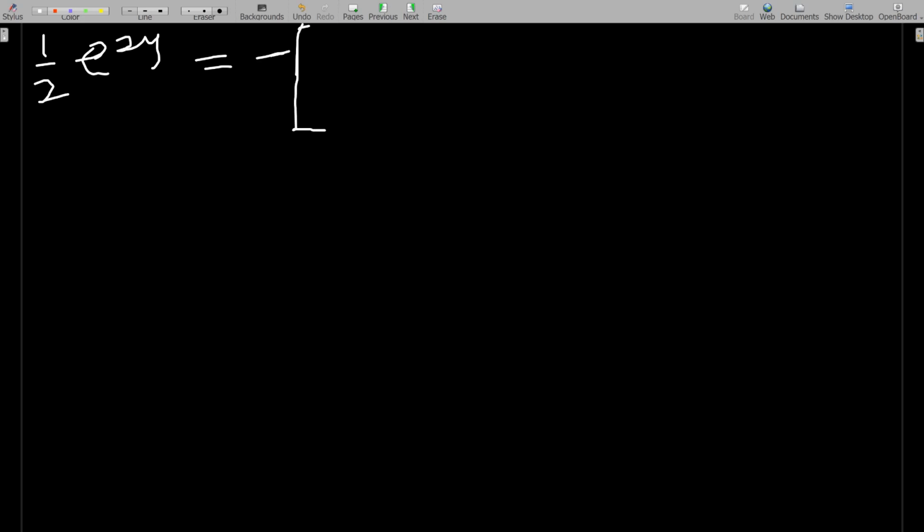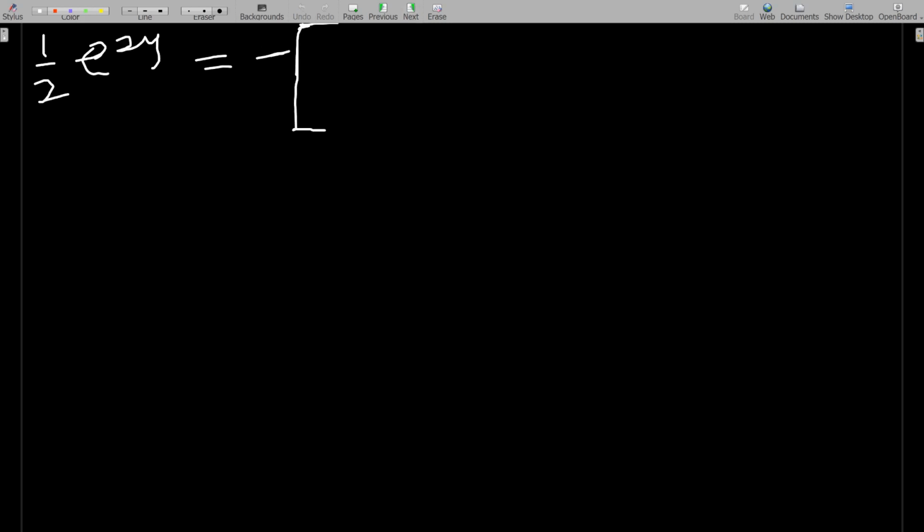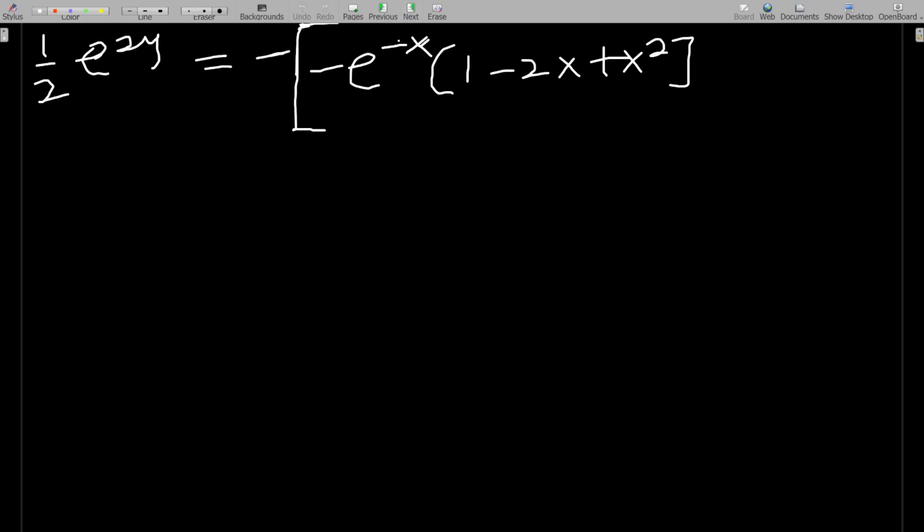Then you start simplifying whatever you had. When I expand this side, (1 minus x) all squared, there was a negative already, so negative e to the negative x. Now when I expand that, I have 1 minus 2x plus x squared. Then when I expand the other side, 2e to the negative x, multiplying that, I have, is it minus?